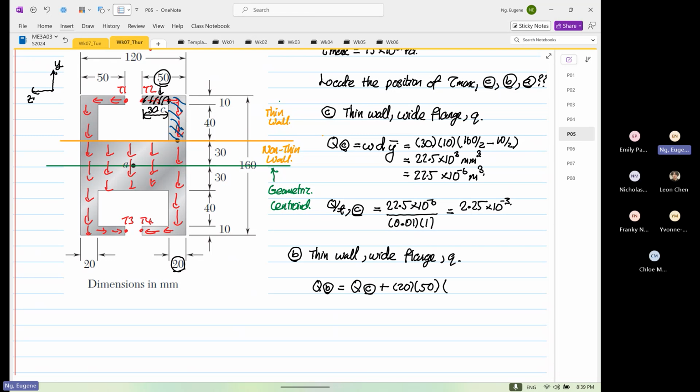And then the y bar is 160 divided by 2 minus 50 divided by 2. So from here, you have 22.5 times 10 to the power 3 plus 80 minus 25 times 50 times 20 is equal to 55.